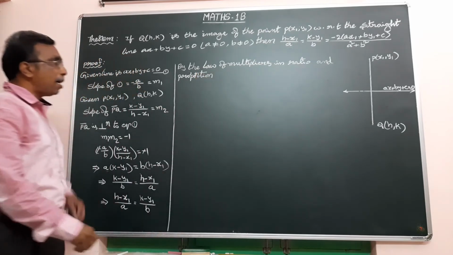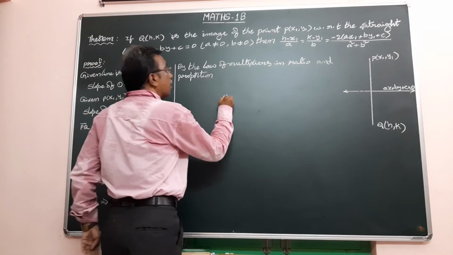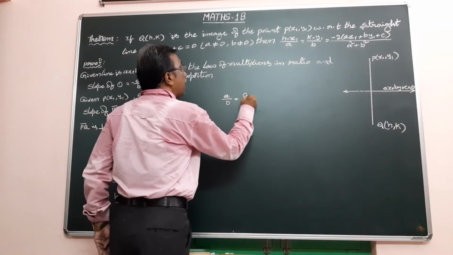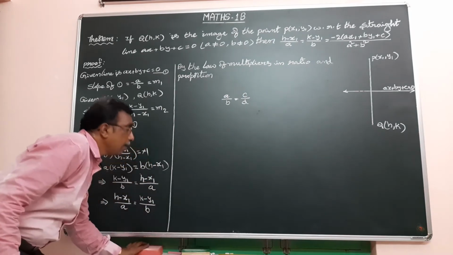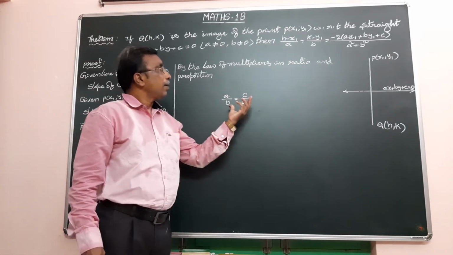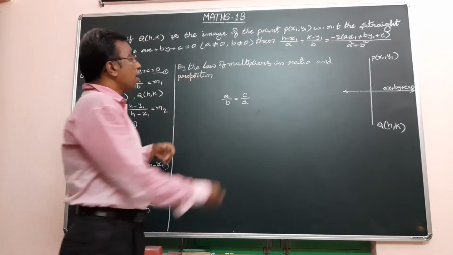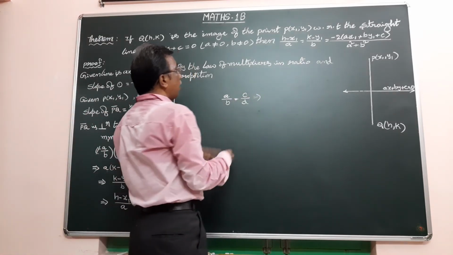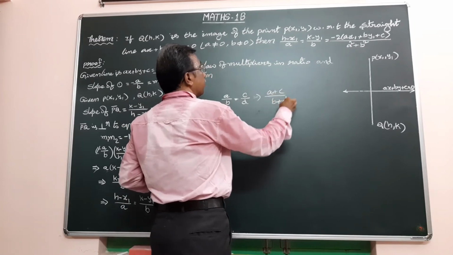By the law of multipliers in ratio and proportion. Already a by b equal to c by d. How can we apply the ratio and proportion laws? Now we write this one, a plus c by b plus d.